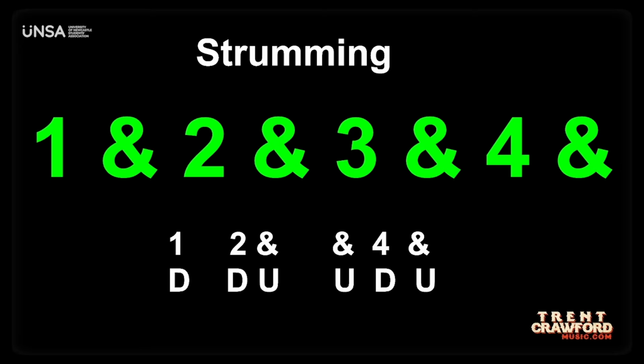In green there, that's what your right hand is always doing. 1 and 2 and 3 and 4 and. Before Dreams, you can see down the bottom in white, that's the actual strum. So there's a gap there between the 1 and the 2 where you've still got that and. You still have to physically do the upstroke. You've just got to miss the strings. And that happens again where the 3 would be. The third beat is missing, because you're still doing that downstroke. You just got to miss the strings. 1, miss, 2, and miss, and 4, and.